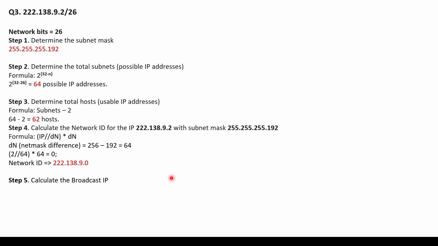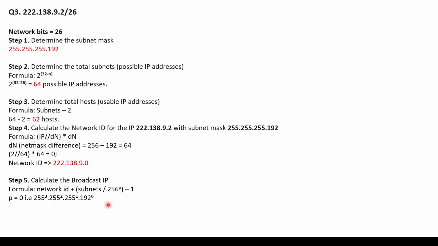Now, the final step is to calculate the broadcast IP. The formula is the network ID, which we have calculated here to be 0, plus the subnet, which is 64, divided by 256 raised to the power of p, minus 1. What is our p? Our p is the index position of the target octet, which is at position 0, counting from the rightmost of our range. So p is equal to 0.